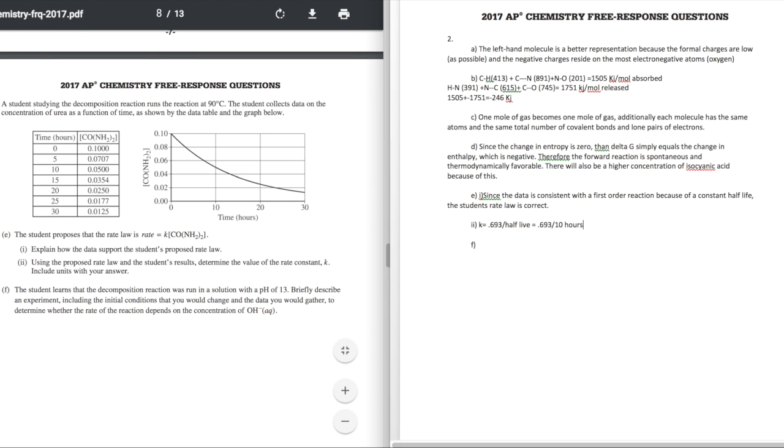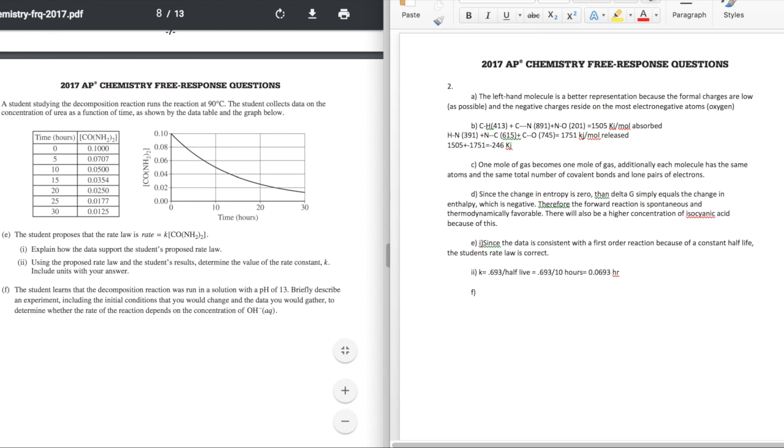And that equals simply 0.0693 hours. Remember, we have to put the -1, because the 10 hours is in the denominator when we're solving the equation.